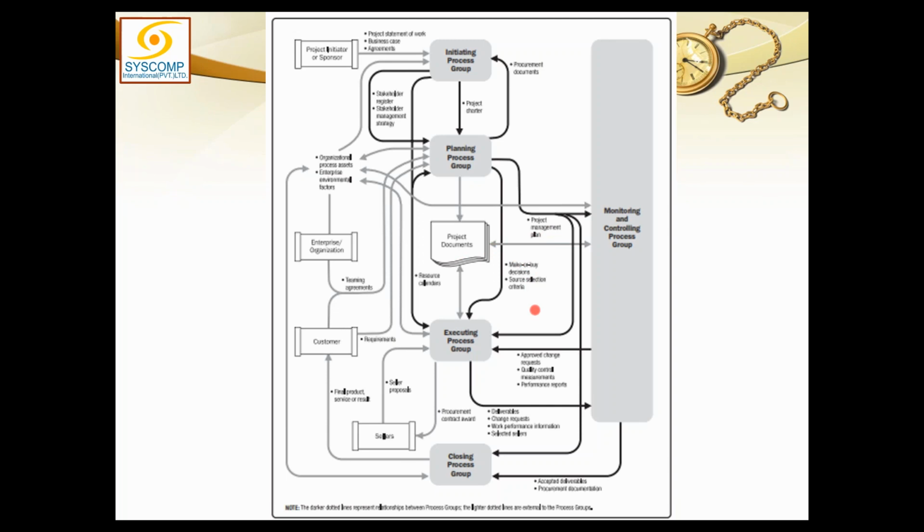In your project, there is a knowledge area by the name of procurement. Procurement management deals with all the work which you want to outsource out of your project. There are certain things you don't want to do yourself or can't do yourself, so you hire someone else to do them. So make or buy decision is which are those jobs which you don't want to do yourself and you have decided to buy.